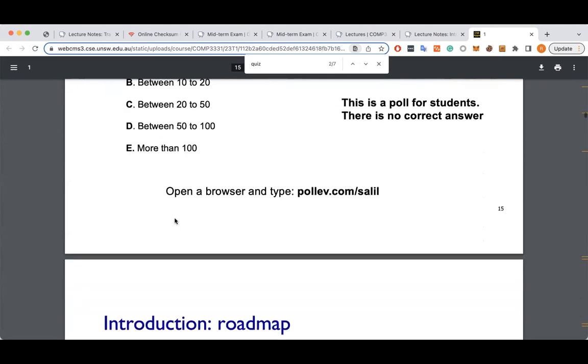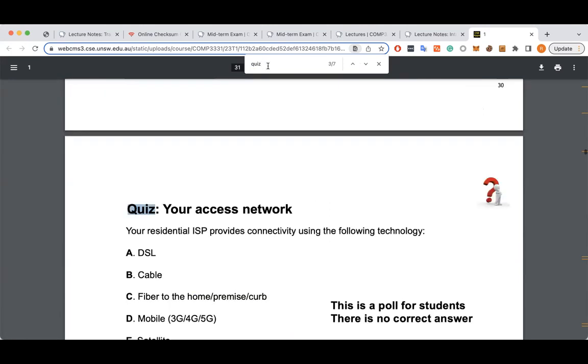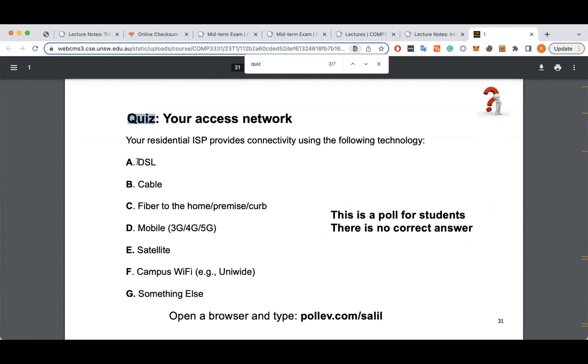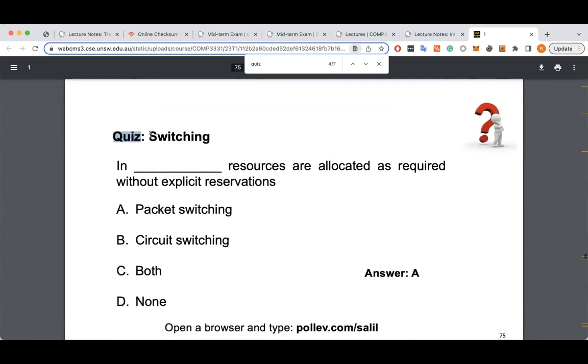You can't see the answer in the slides, right? Then you need to go through the recording of the lecture to find if you get the right answer. This is very important. As you can see, we have quite similar questions in the midterm exam. For example, this one, the switching one.